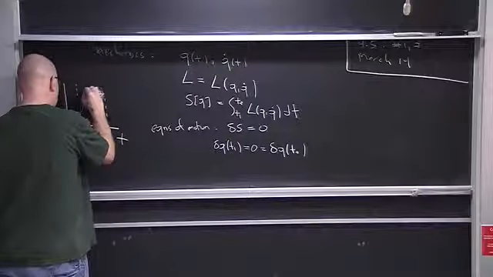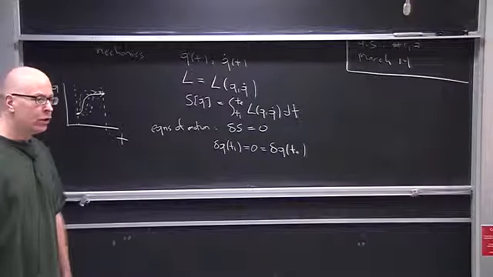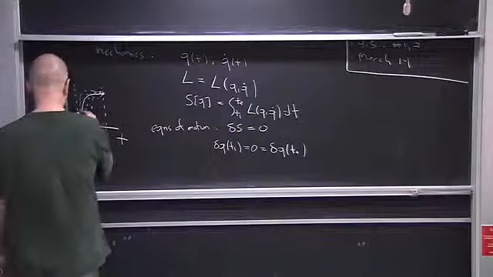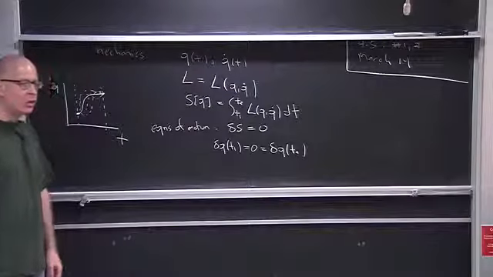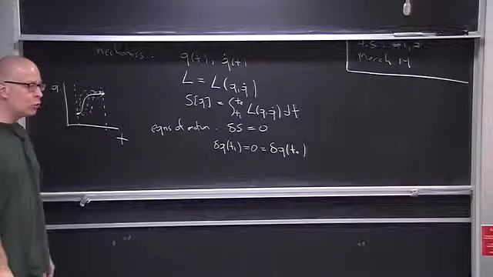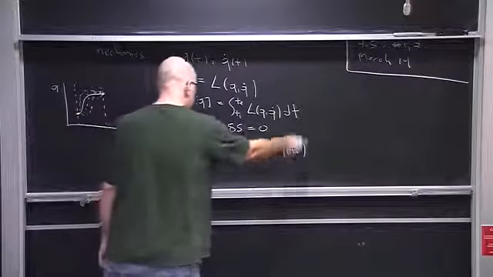We consider all possible paths. We evaluate the action for all of them, and we look for an extremum. We look for the true path around which varying the path produces no change to the action to first order in the variation. So this condition is very important.